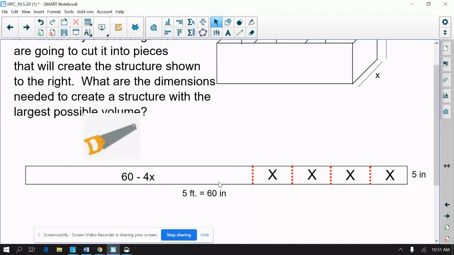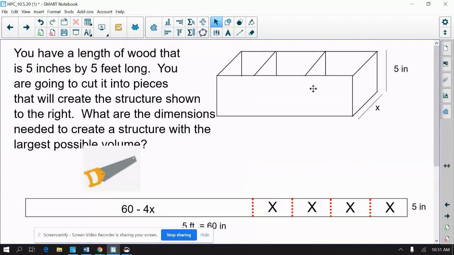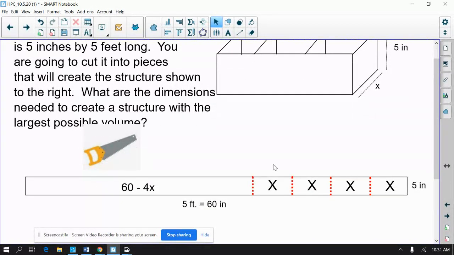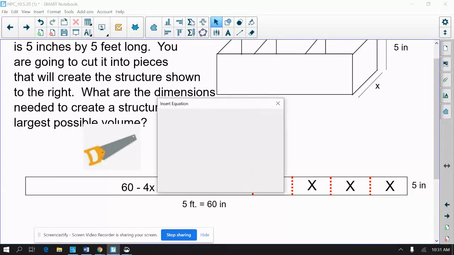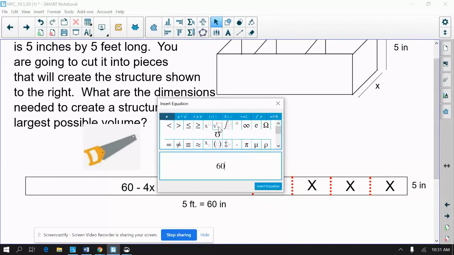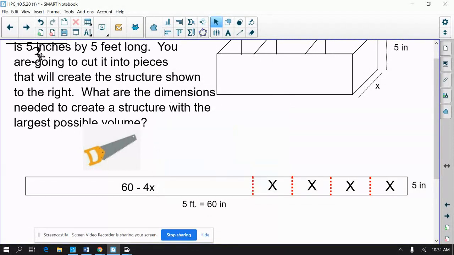And with this remaining piece right here, remember what we have to do with this? We have to cut it so that I have 3 equal pieces. So that means this, how long is this going to be? This is going to be 60 minus 4x divided by 3. That is the length of this thing right here.